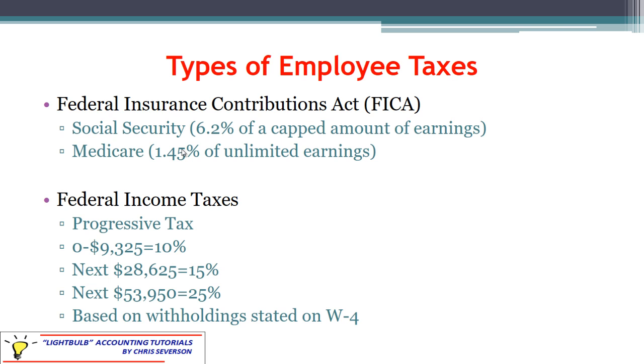Your first $9,000 is still taxed at 10%, but the additional amount is taxed at the higher rate, 15%. So, for example, this year, the next $28,000 approximately is going to be charged at a 15% rate, and then after that, the next $53,950 is going to be taxed at a higher 25% tax rate.